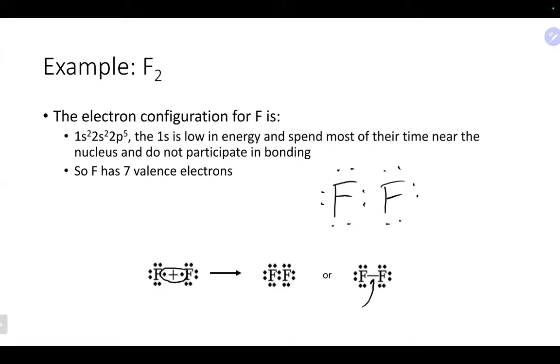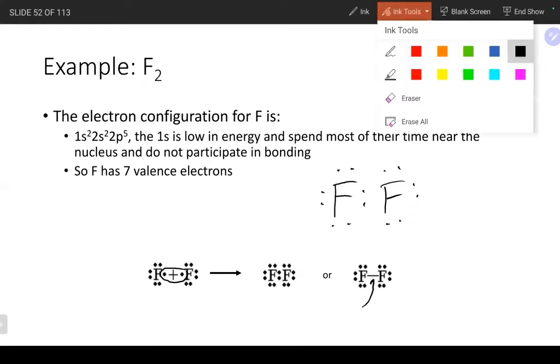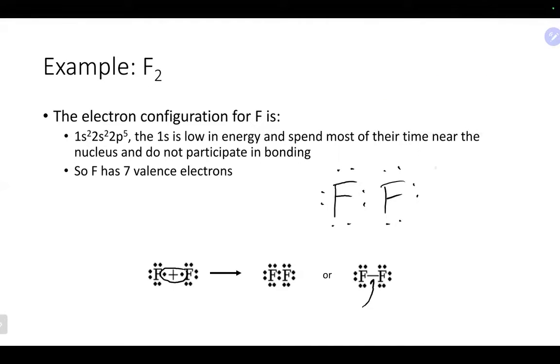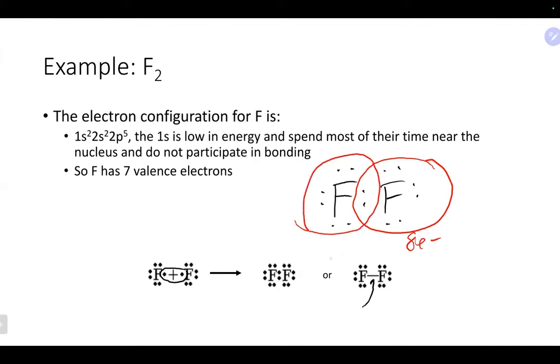If we count up what's happening for each of the fluorines here, the fluorine on the right now has 2, 4, 6, 8 electrons. Those 2 electrons in the middle are being shared. The fluorine on the left also now has 2, 4, 6, 8 electrons. Once again, lucky number 8 on the periodic table is our noble gases, right?